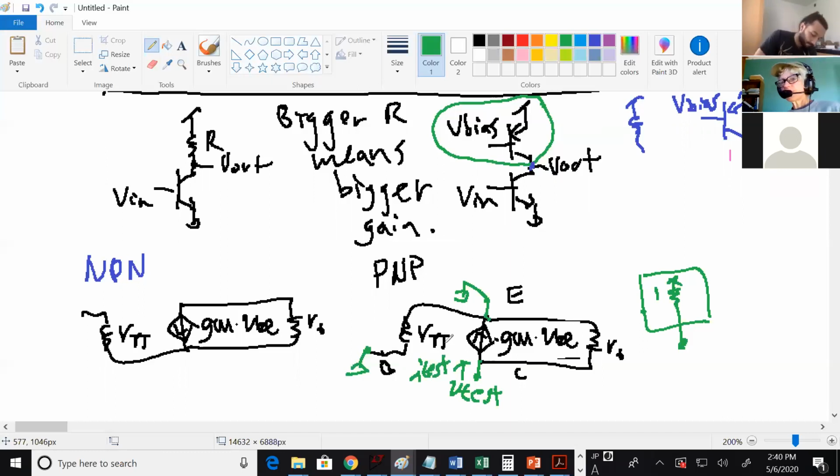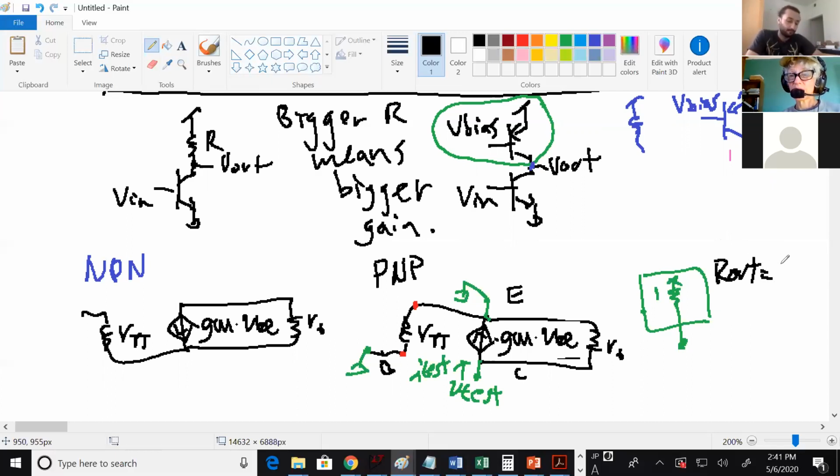Do you get rid of anything? You can get rid of that current source, the gm V-pi, because it's grounded. You end up with RO. If you do the total analysis, you'll end up with RO of the PNP in parallel with the RO of the NPN, if it's an active load. That's what happens.